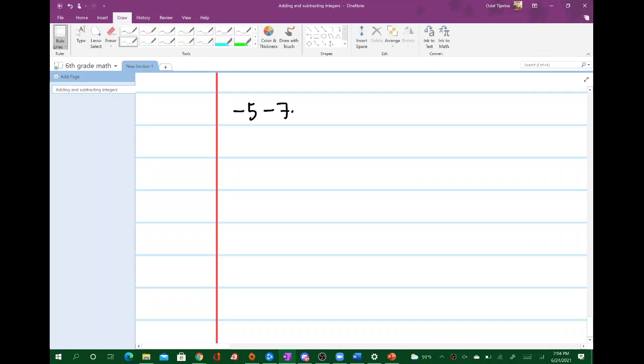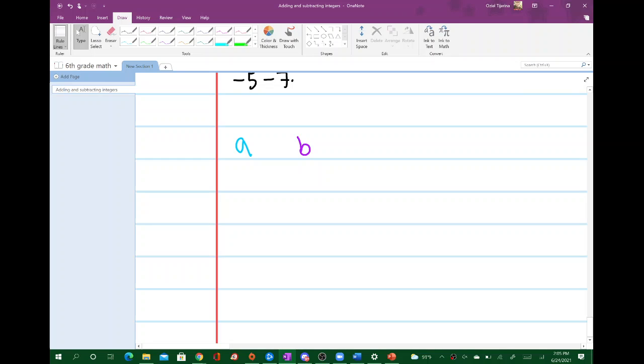So here's the thing. There is a rule, and I'm gonna go ahead and write it like this, okay? So basically let's pretend we have a number A, and then we have another number that's B, okay? These are just numbers. They can either be positive or negative, okay?